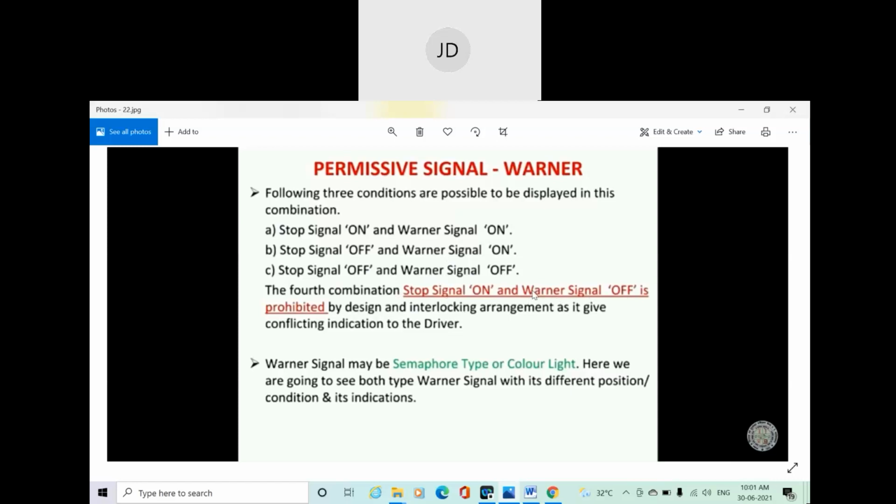But the fourth combination, which is stop signal on but Warner signal off, cannot happen. It is completely prohibited, because suppose a particular loco pilot is seeing a stop signal on but Warner signal off, it will create confusion, because these two pieces of information are completely opposite.